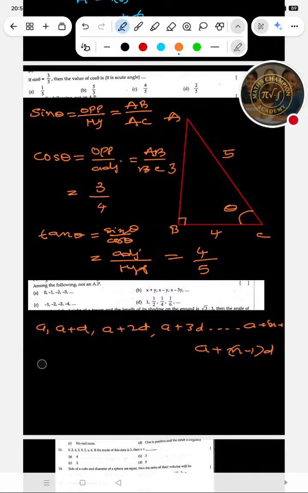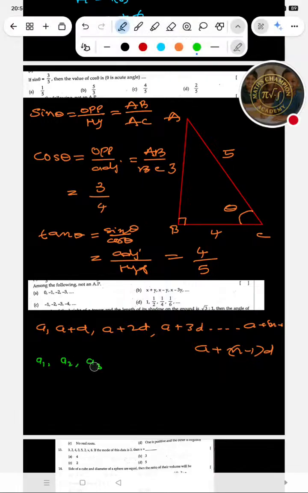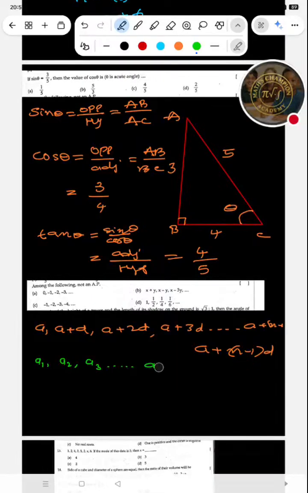Here the first term is A1, the second term is A2, the third term is A3, and up to the last term in AP.